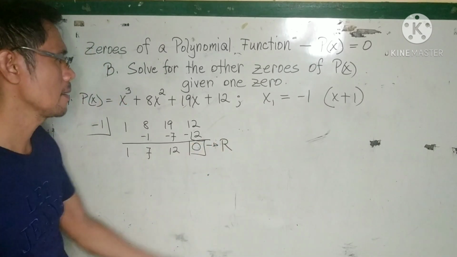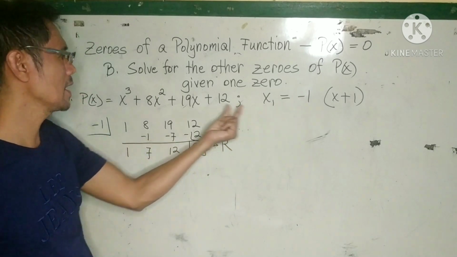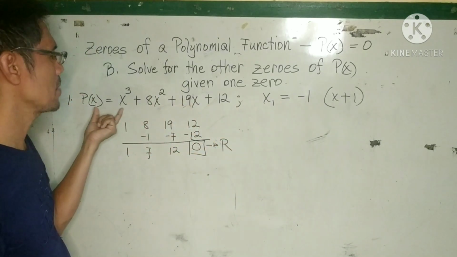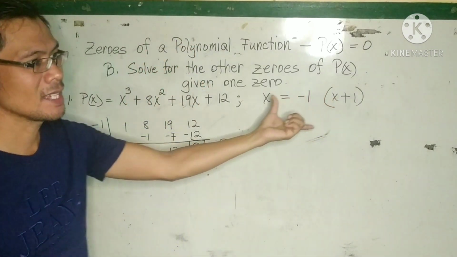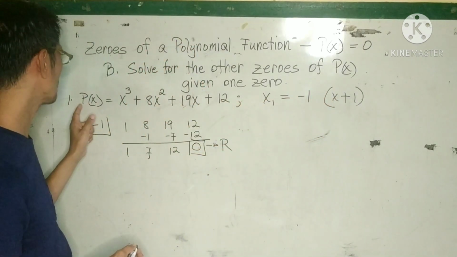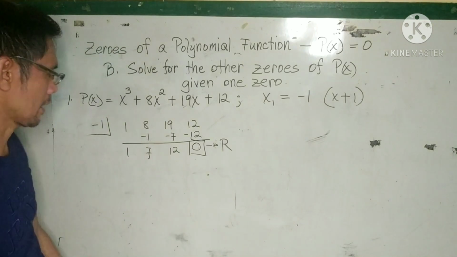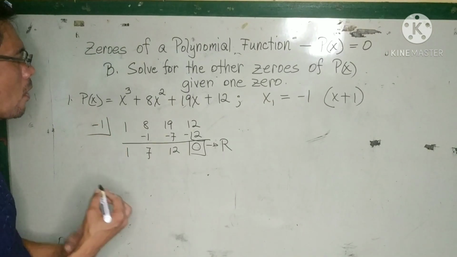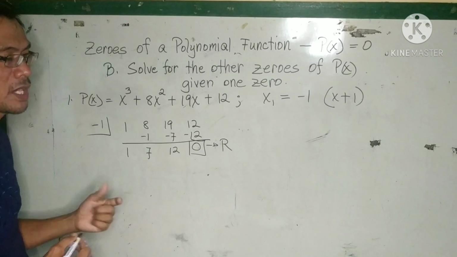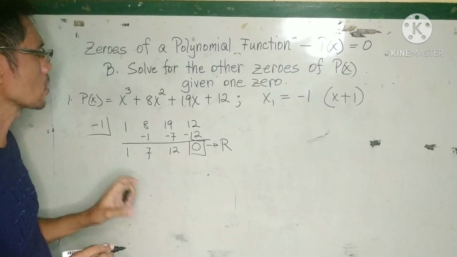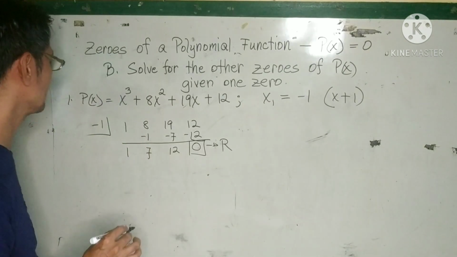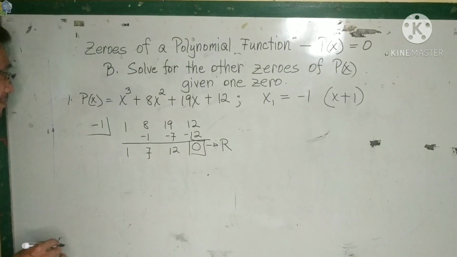That means our negative 1 is really a root of this p of x, because x plus 1 is a factor of this p of x. So how about the other factors? Because we are going to get the other factors for us to be able to solve for the other zeros of this p of x.